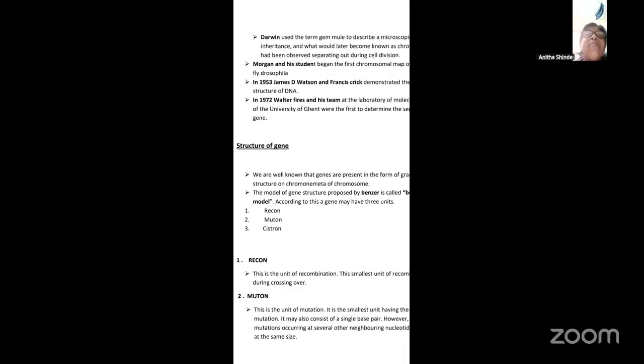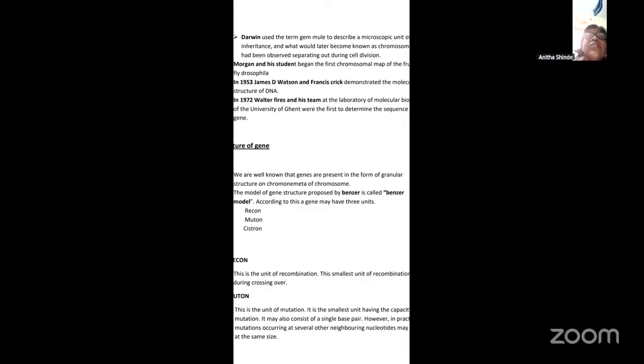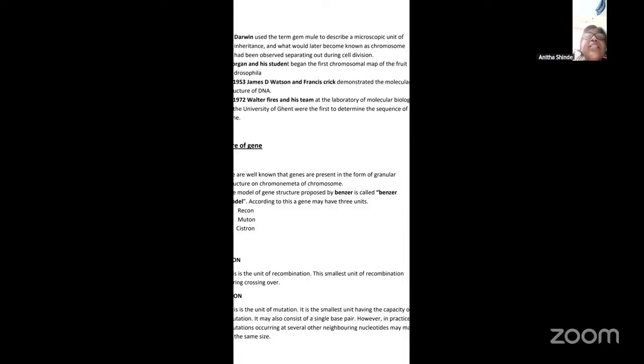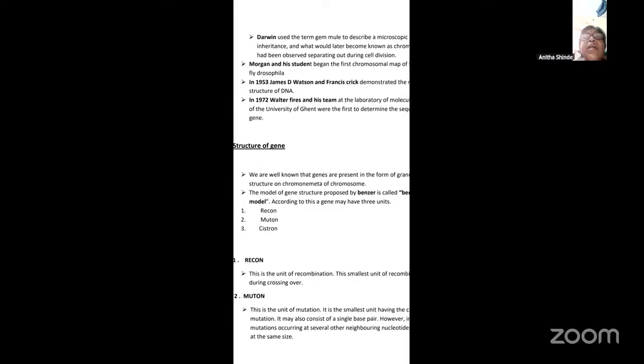Next is Darwin. You all know Darwin is the father of evolution. He used the term gemmule to describe a microscopic unit of inheritance, which later became known as the chromosome, which is observed during cell division.